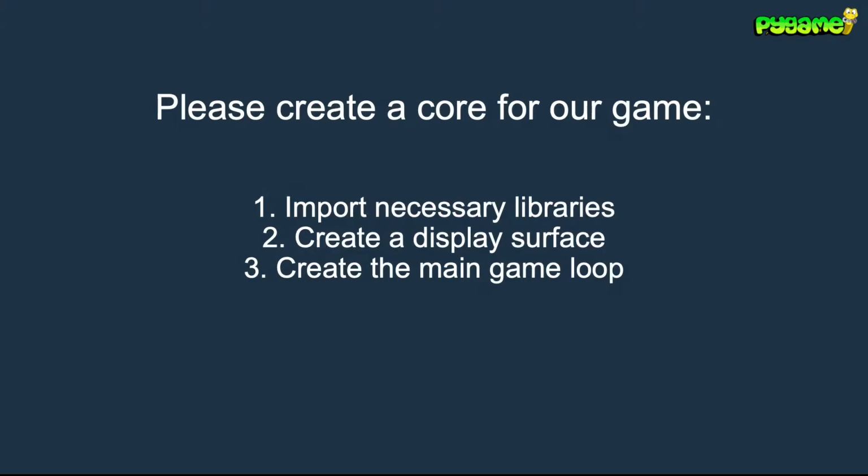Just don't try to copy this loop from the first file. Try to do it from memory using this structure: define the window width, define the window height, define the display surface, and then create the main loop.